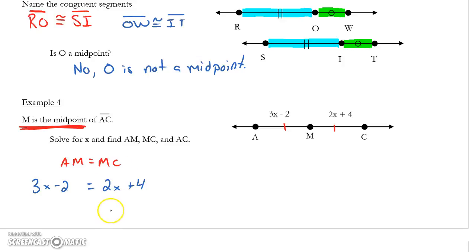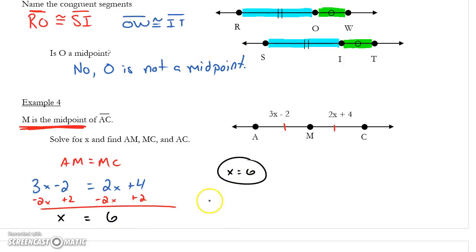I now have an equation I can solve for x. If I subtract 2x from both sides, add this 2 to both sides, 3x minus 2x is 1x, that cancels, x's cancel, 6. So I now know that x is 6.